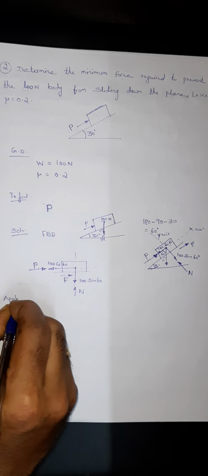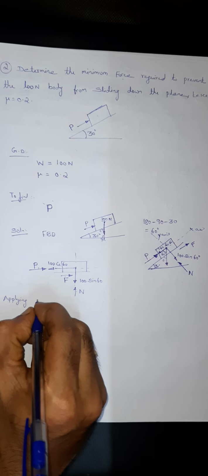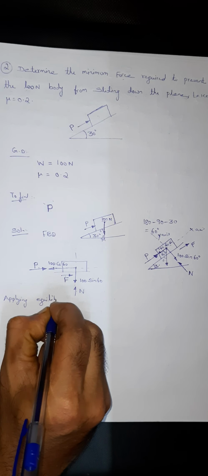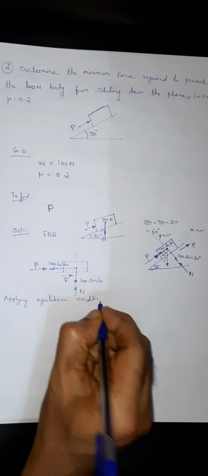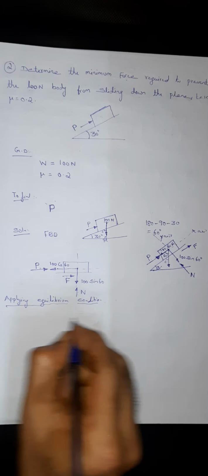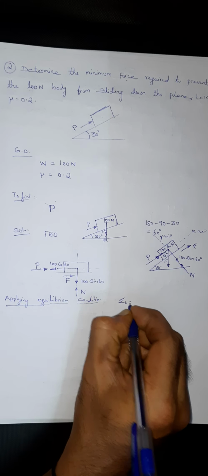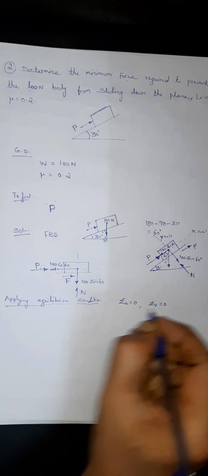Let's consider the equilibrium condition. Applying equilibrium condition, summation H is equal to 0 and summation V equal to 0.